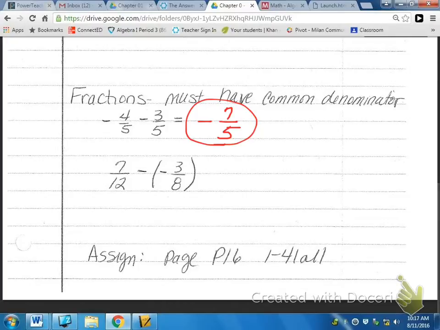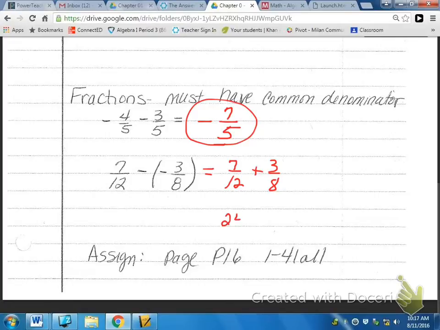There's a double sign we have to deal with right off the bat, and not a common denominator. We got a lot going on here. Jared, what should I do with this first? Okay, so 7/12 plus 3/8. We don't deal with double signs ever. All right, now, common denominator, Jared, what would it be? 24.